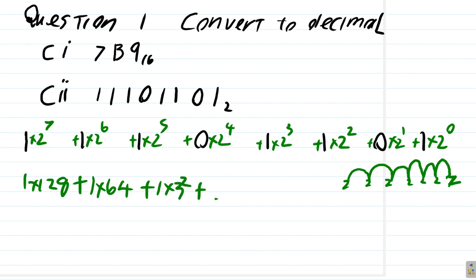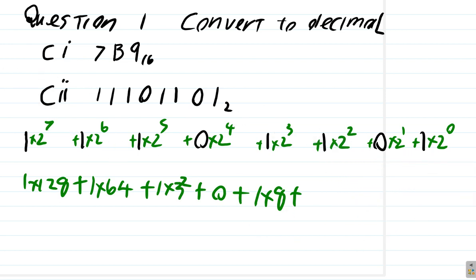0 times anything is 0. We'll give you 0. Plus 2 cubed is 8. So this is 1 by 8. Plus, then you have 2 squared is 4. So it's 1 by 4. Plus, this will be 0. Plus 2 to the 0 is 1.